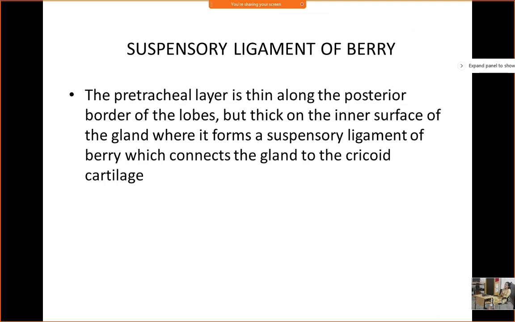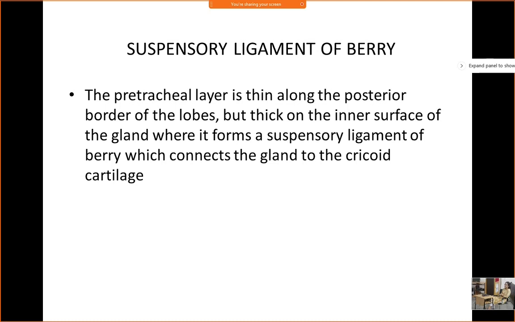So basically, the suspensory ligament of Berry is a portion of the pretracheal layer itself which is slightly thickened on the posterior side compared to the rest of it, and it connects the gland to the cricoid cartilage.